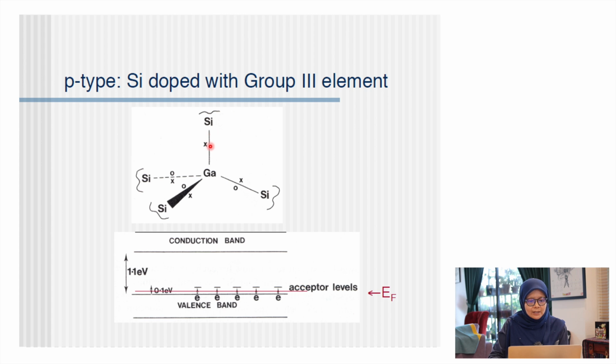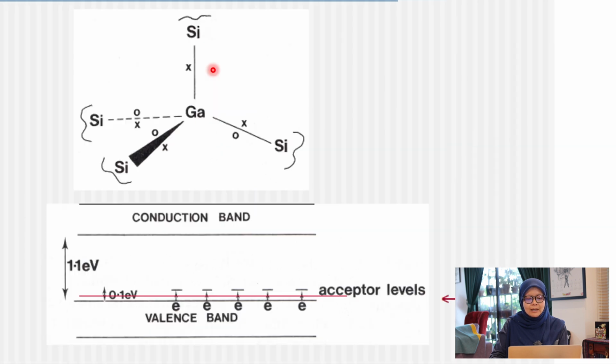Gallium is group 3, while silicon has 4 bonds surrounding it, but here we have one empty hole, which forms a positive hole and the P-type semiconductor.